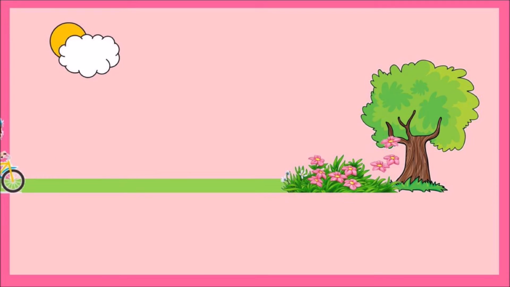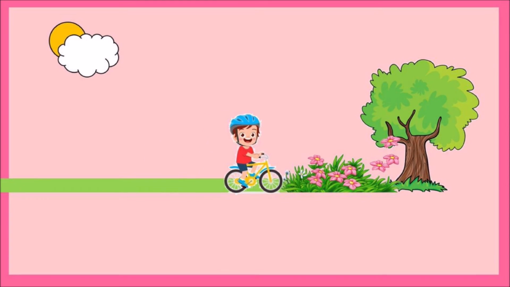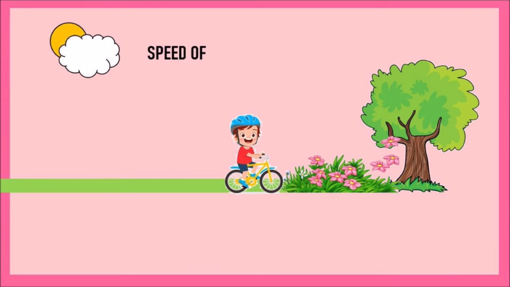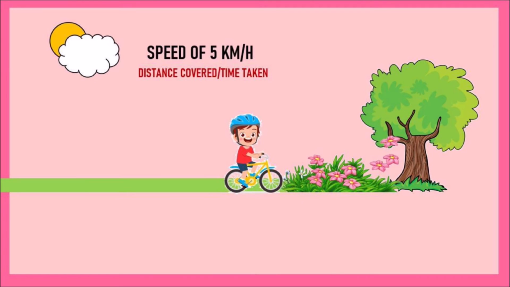If you took your bicycle and you want to go to the park, if you are riding your bicycle at 5 km per hour until you reach the park, then your speed of 5 km per hour is the distance that you have covered in the time it took you to cover it. Velocity, like I said, has to do with the direction.